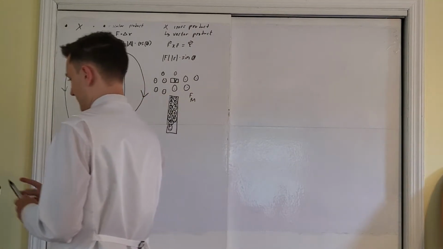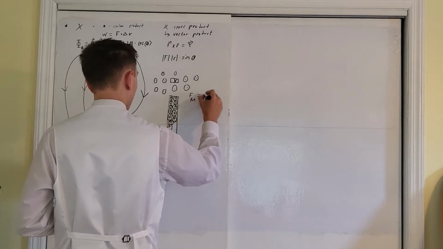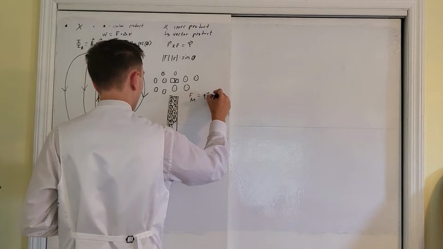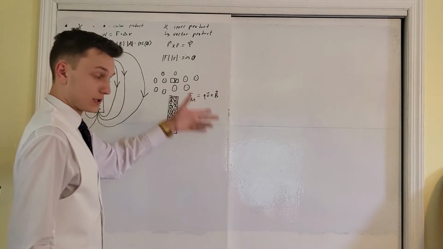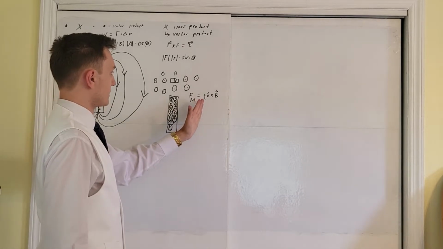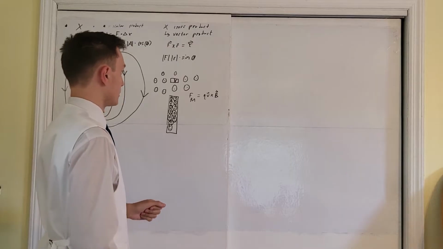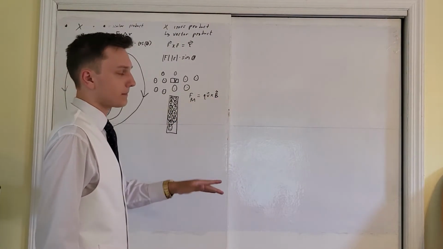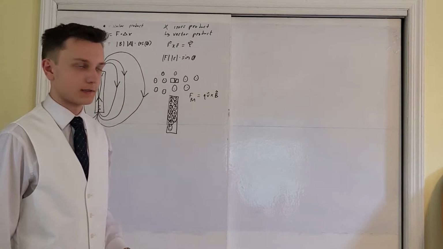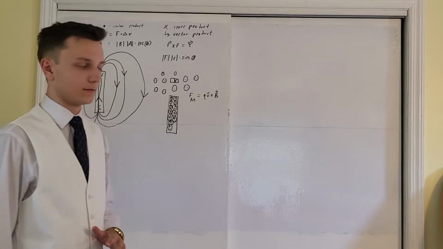On your equation sheet, you can take a look that the magnetic force is equal to QV cross B. What does Q represent? Charge. It represents the amount of charge times the velocity of that charge crossed, the cross product of that and B, capital B being the magnetic field. From here on out, I'll refer to the magnetic field as the B field, so don't get confused on that.